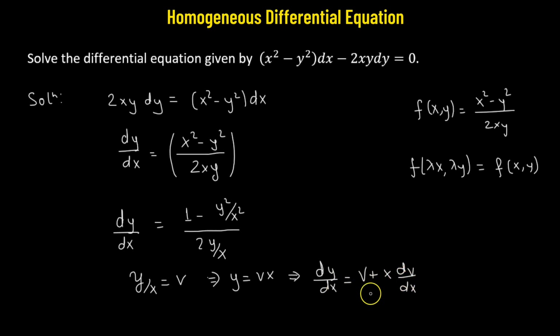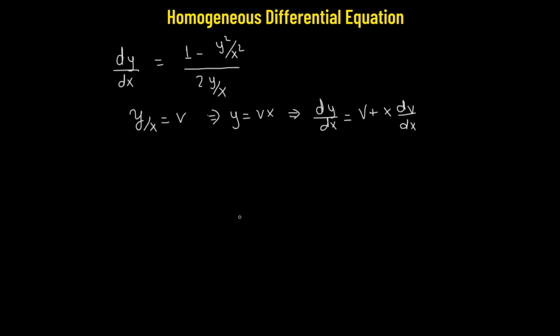Now in place of dy over dx, we will use v plus x dv over dx, and we will substitute y over x with v. So let's do that. This differential equation now becomes v plus x times dv over dx equals (1 minus v squared) divided by 2v. What we have done is replaced y over x with the new variable v.